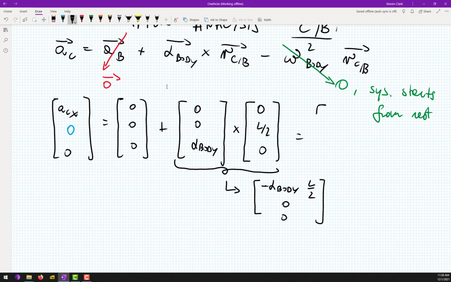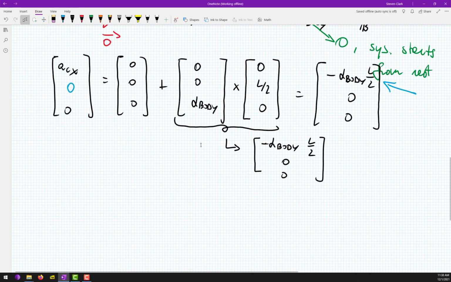Great. And our ACX can be found by looking at the x component of this vector equation. So our ACX is basically minus alpha body L half.